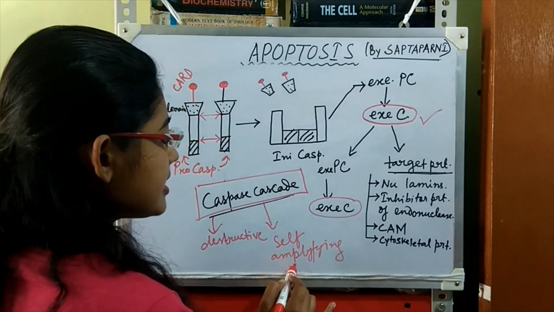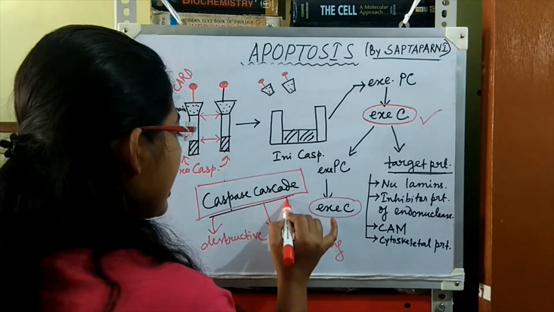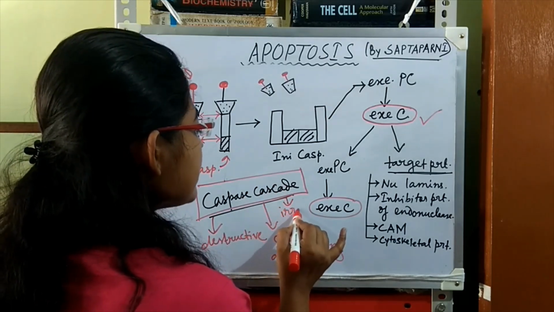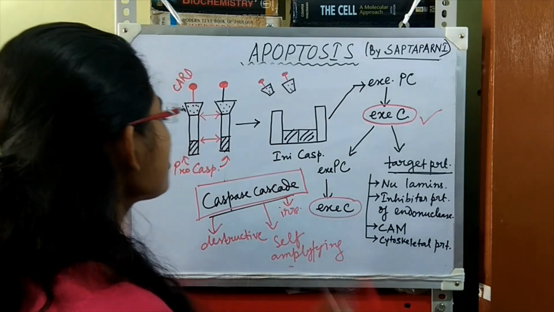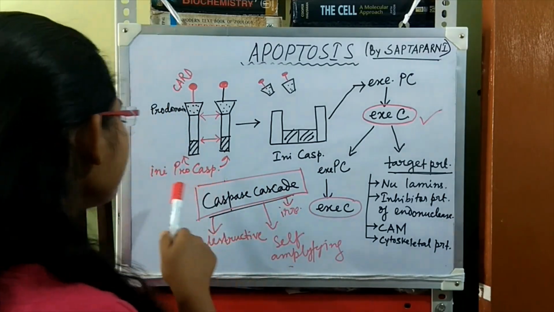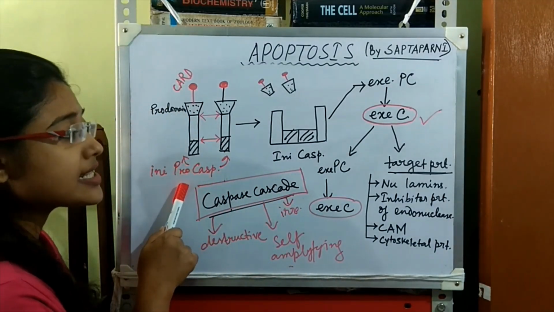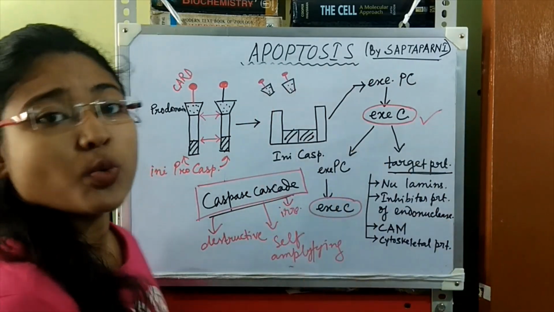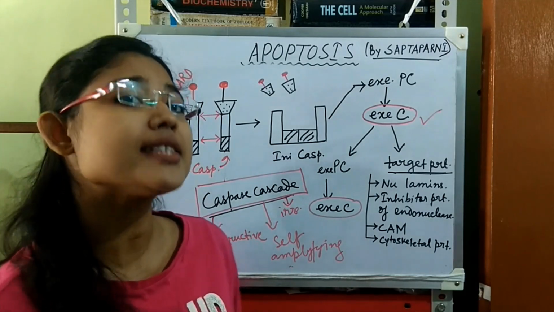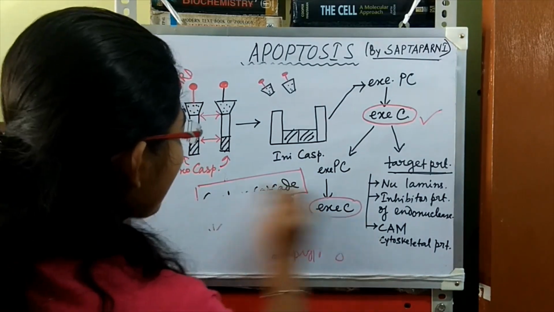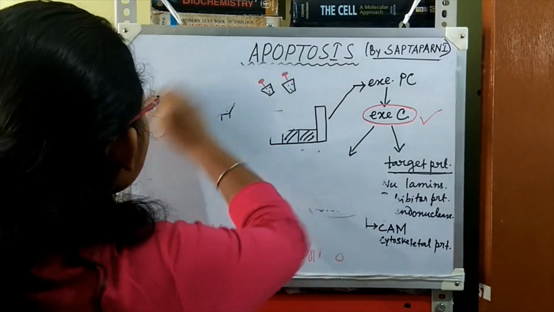And the most important thing is that it is irreversible. Whenever an apoptotic signal comes and the initiator procaspase is activated, nothing can then stop this pathway. So that is all about the caspases.